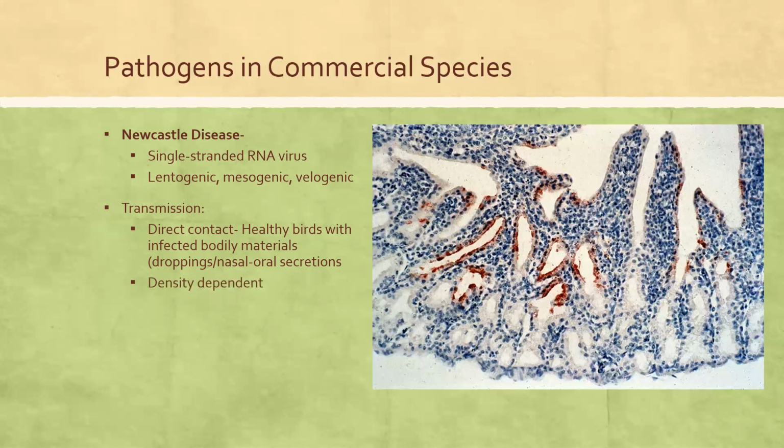Because of this, Newcastle disease is density dependent, meaning the more birds you have together in an area, the faster this is going to transmit, which is not great for these giant industrial farms where thousands of chickens are very, very closely packed in together. Newcastle virus can be ID'd by PCR or ELISA testing, and some symptoms of Newcastle disease include depression, diarrhea, paralysis, and even death.